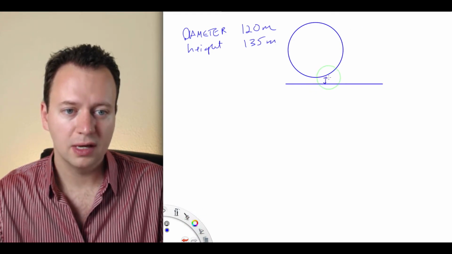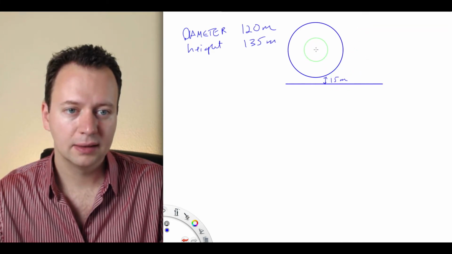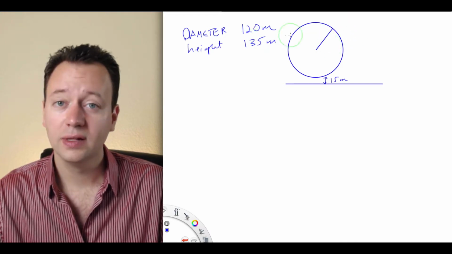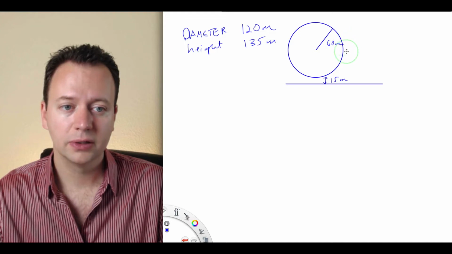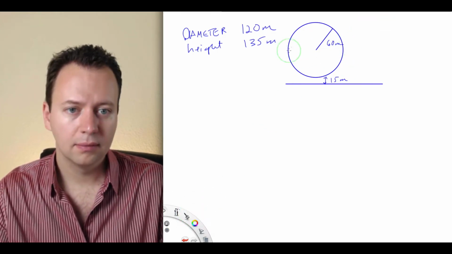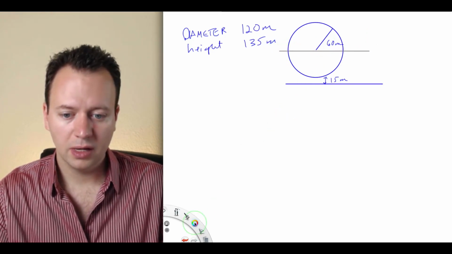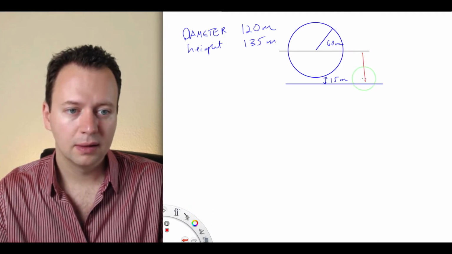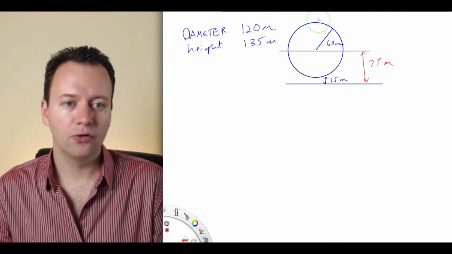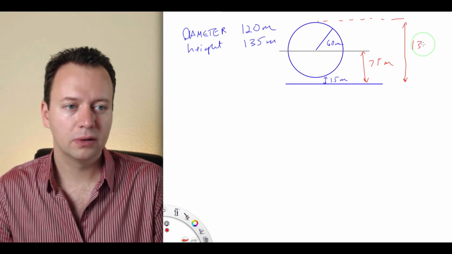This distance would be 15 meters, and the radius of the Ferris wheel would be 120 divided by 2, 60 meters. So the midline is going to be approximately 60 plus 15, so 75 meters high. And of course the overall height is going to be 135 meters.